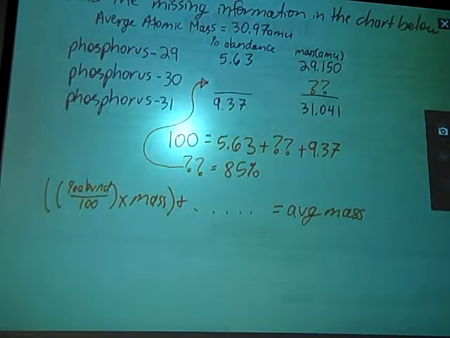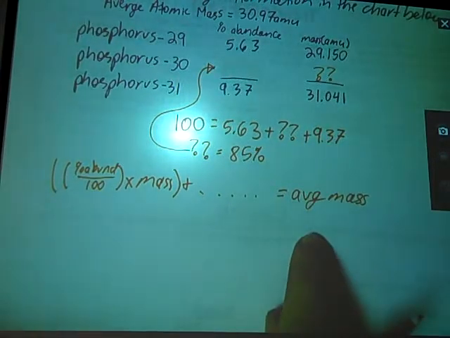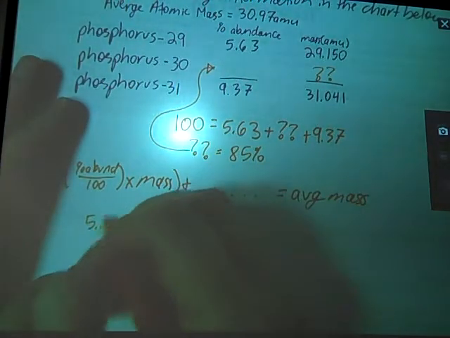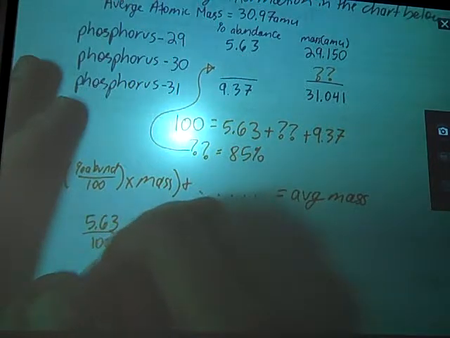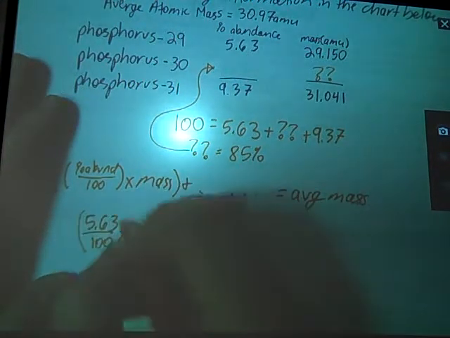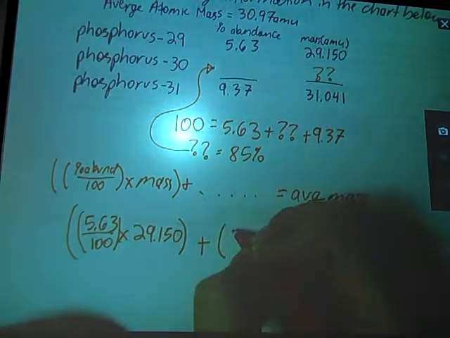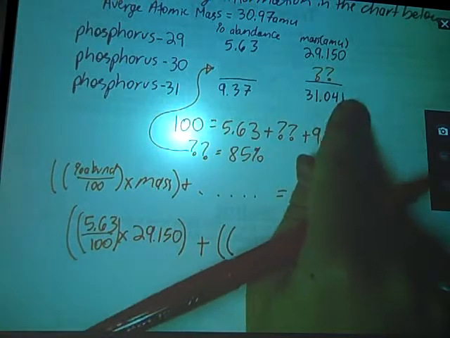That's just me. So let's plug in everything we know in this formula. I know my first percent abundance there, divided by 100. It has a mass. There's my first term.